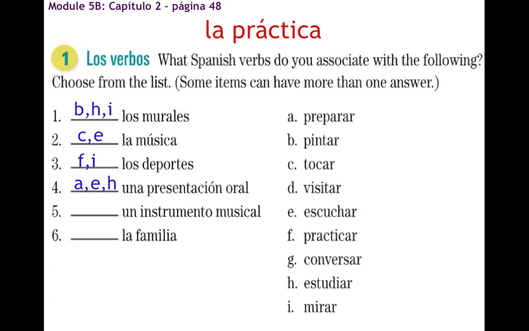Un instrumento musical, número 5. C, E, F, H. Tocar, to play. Escuchar, to listen to. Practicar, to practice. Estudiar, to study.